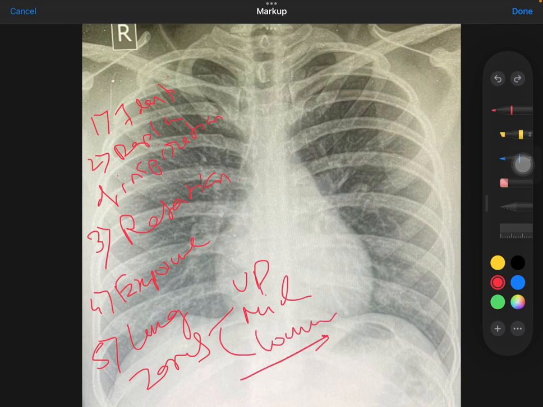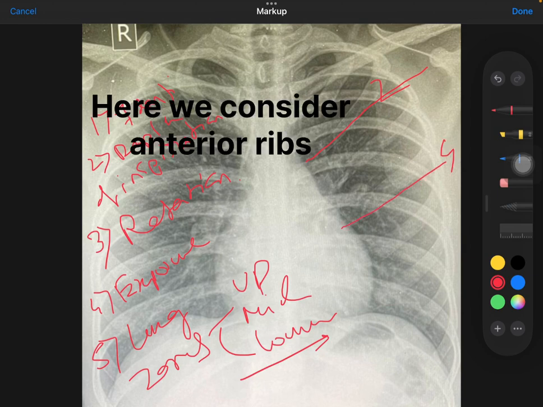Okay. Now here is the first rib and the second rib. This is the first rib and the second rib, and this is the lower border of the second rib. This is the lower border of the fourth rib. So from the apex to the lower border of the second rib is the upper zone. To the lower border of the fourth rib is the middle zone, and below the lower end of the fourth rib is the lower zone.